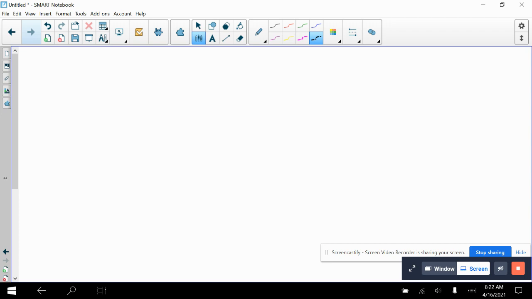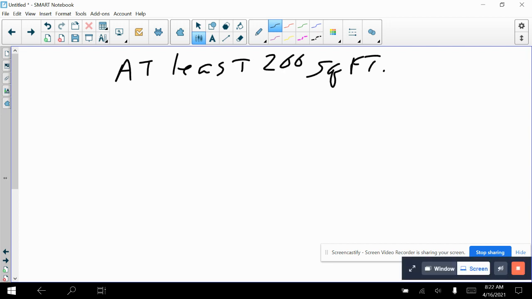Same set of directions. I'm not going to write the whole thing, but this one is at least 200 square feet. Okay, the area of the figure is at least, in this case, 200 square feet. Write a two-step inequality to represent the possible values of X. Okay, this is what this figure looks like.